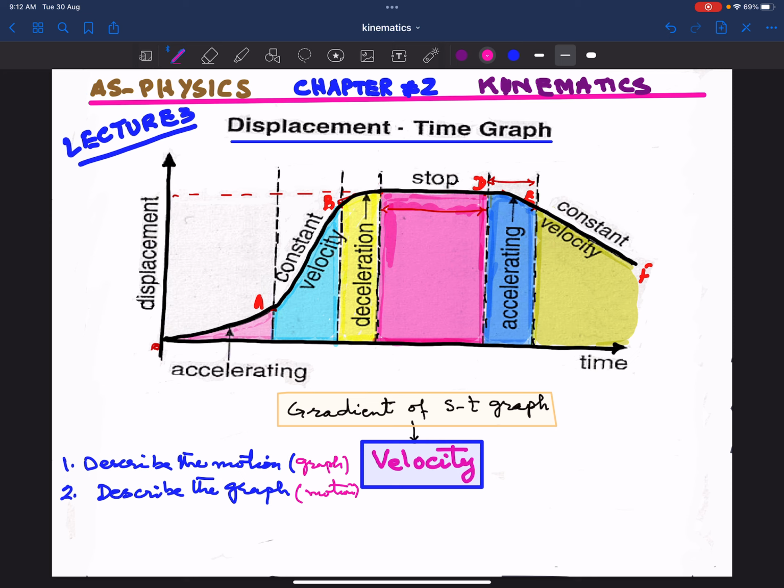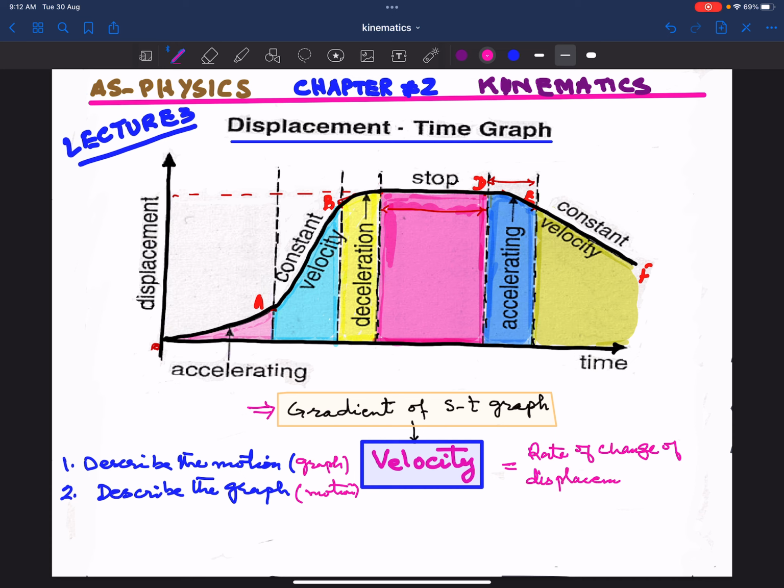In this case, the most important point to remember is this one: the gradient of an ST graph is velocity. You know that we defined velocity in our first lecture of this chapter, and velocity is nothing but the rate of change of displacement.